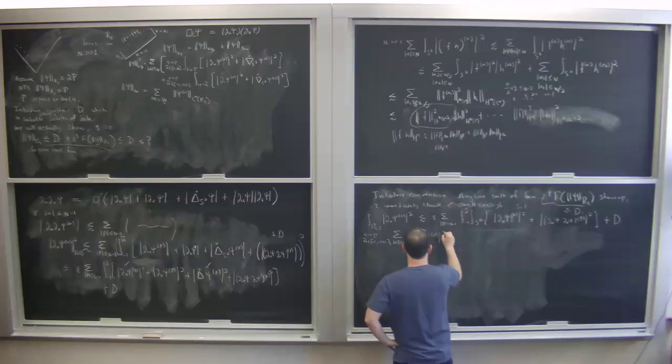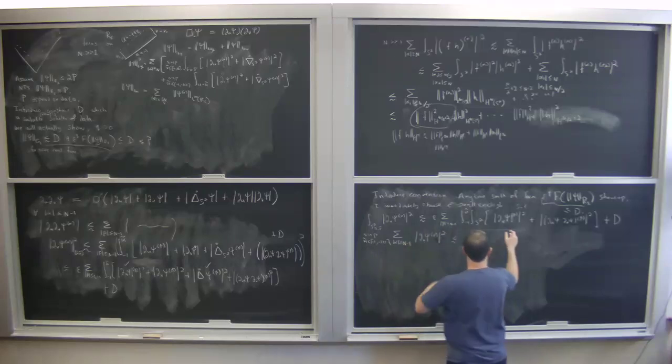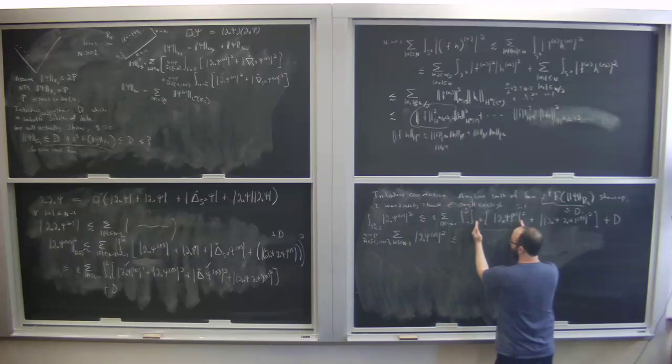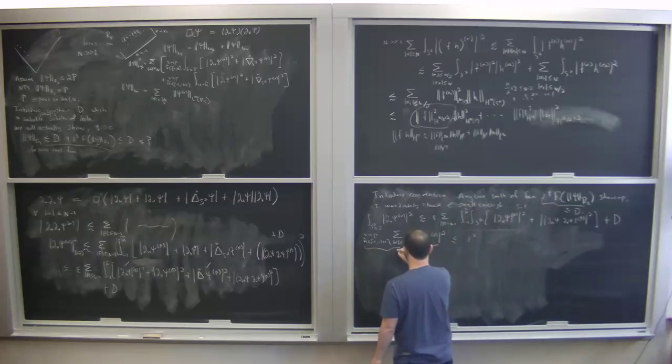So I'm going to have this, right, is less than, well, this part of it, I'm just going to pull out the sup, and then this integration is size epsilon. So I'm going to get less than epsilon squared, and let's just call this thing q.